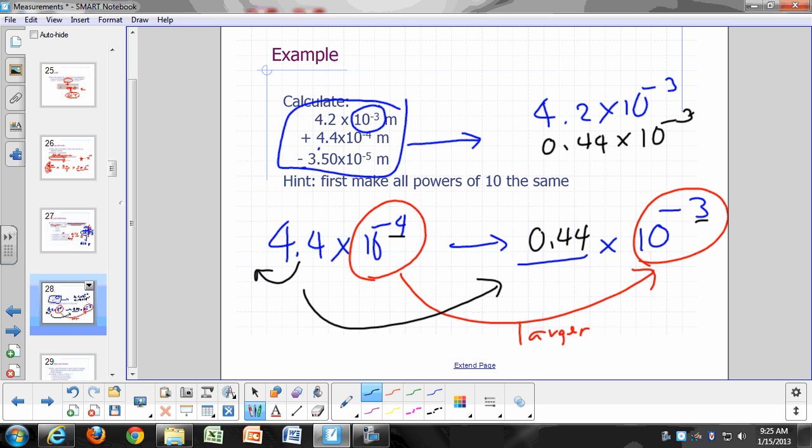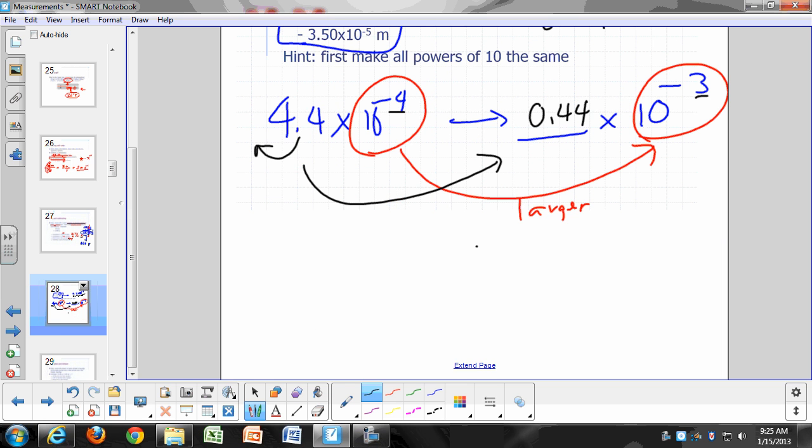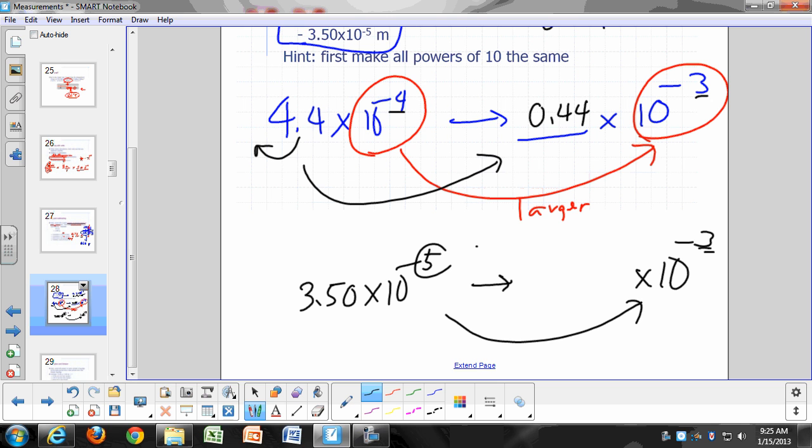The third term there is -3.5 times 10 to the -5, so let's write that as 3.50 times 10 to the -5. Change that to something times 10 to the -3rd. From 10 to the -5 to 10 to the -3rd, you made it larger by 100, so you have to make this coefficient smaller by 100.